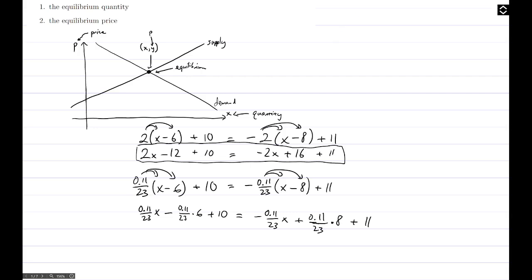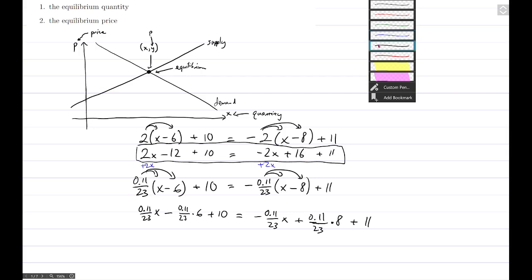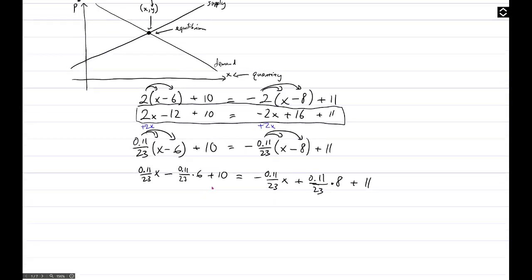In this space, maybe I'll switch colors, add 2x to each side. Over here it'd be a 2x plus 2x would be 4x. Now it's a lot easier to collect like terms in this equation for sure, but over here, let me copy this first term, 0.11 over 23x, and then I'm going to add 0.11 over 23x to both sides, right?